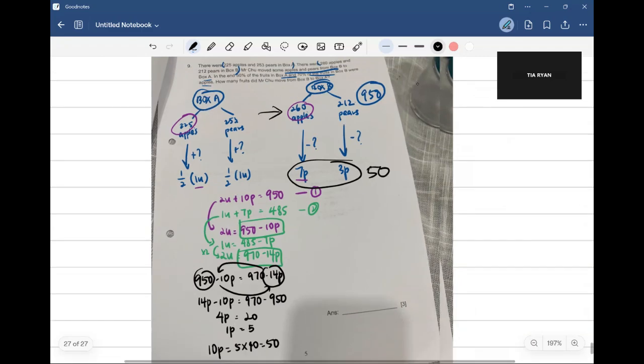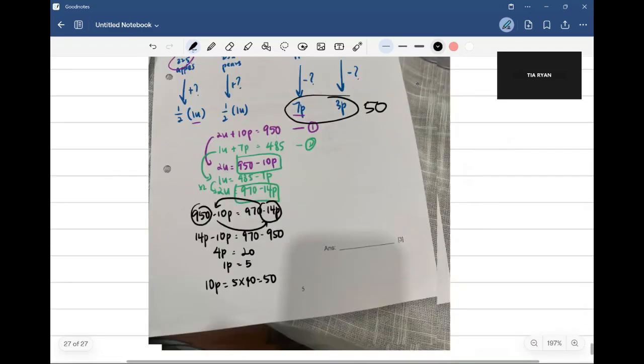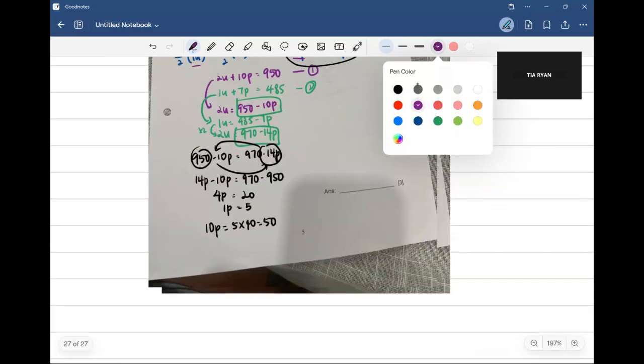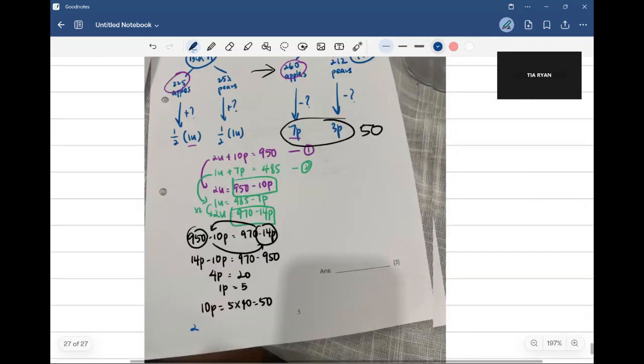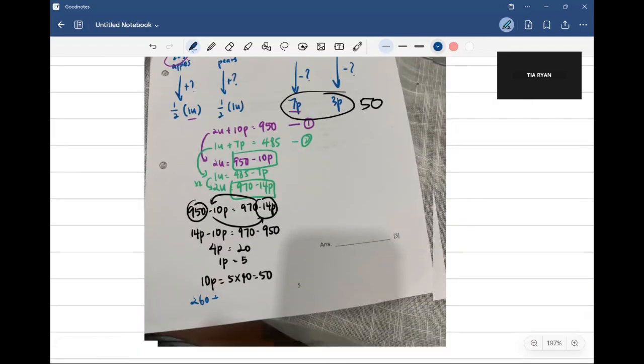So at first, which is in blue color, I will take 260 plus 212. This is box B at first, which is 472. B at the end is this.